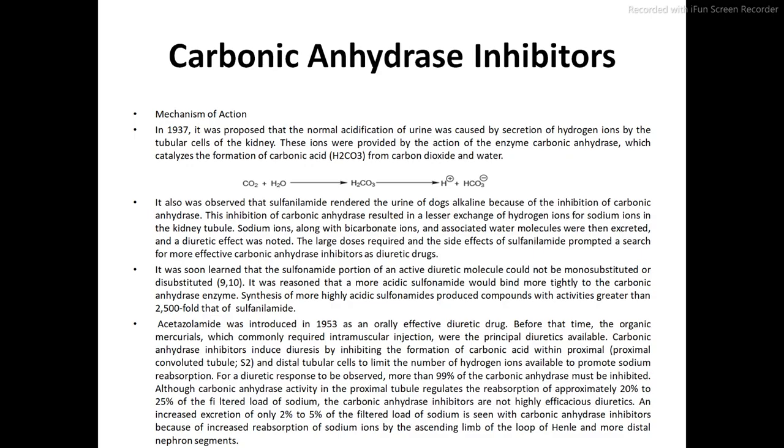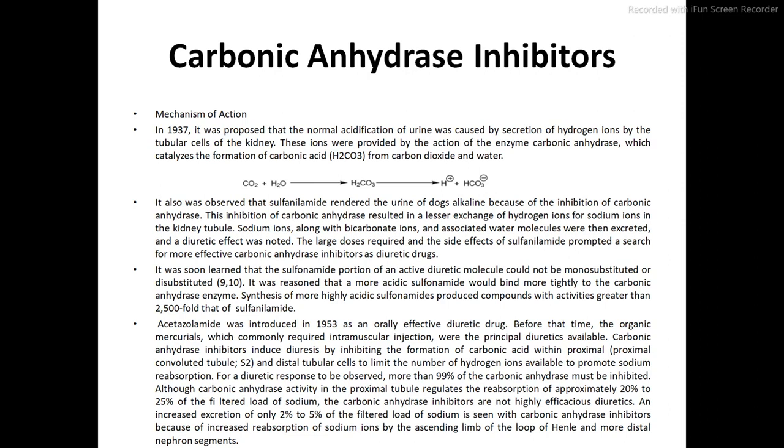Okay, so the first class out of these 5 classes is the carbonic anhydrase inhibitors. In 1937, it was proposed that normal acidification of urine was caused by secretion of hydrogen ion by the tubular cells of the kidney, and these ions were provided by the action of the enzyme carbonic anhydrase, which catalyzed the formation of carbonic acid from carbon dioxide and water.